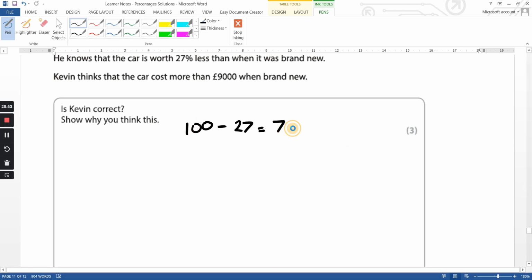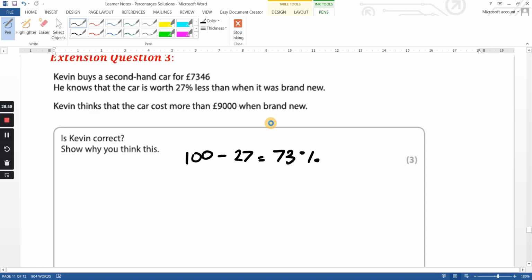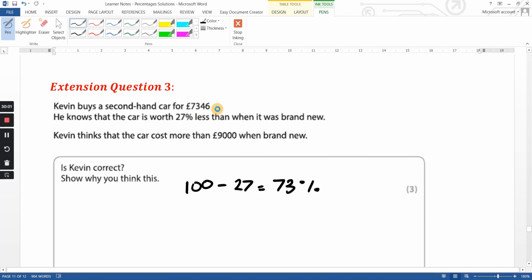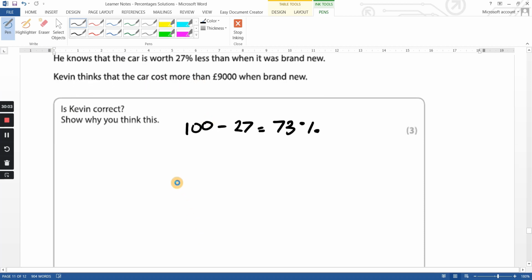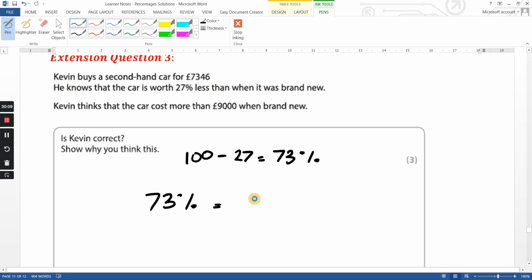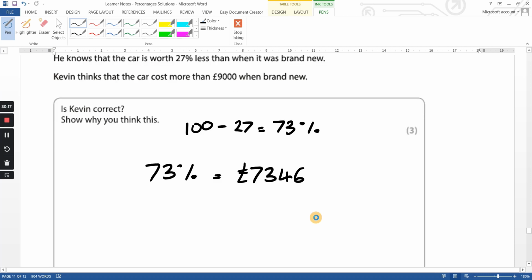That's going to give me 73%. So we've got 73% of the original, this amount here. So 73% equals 7,346. We want to know what it was originally, so we want 100%.